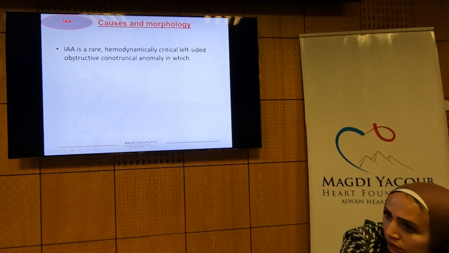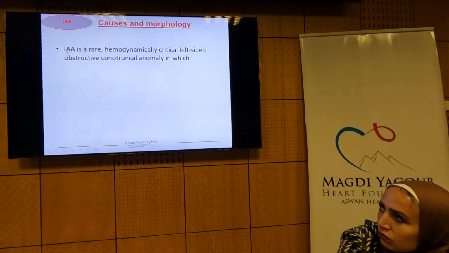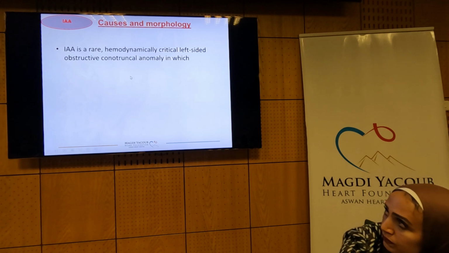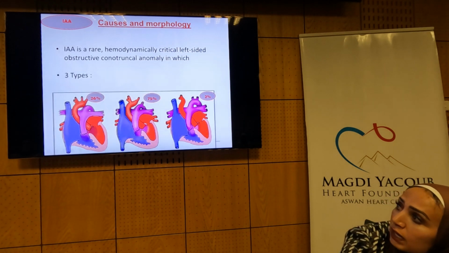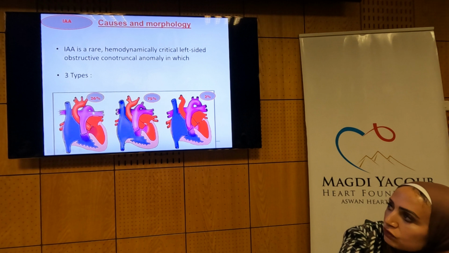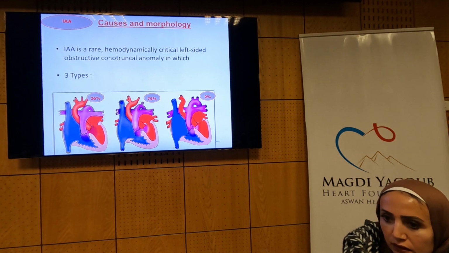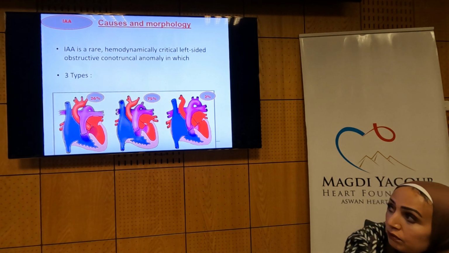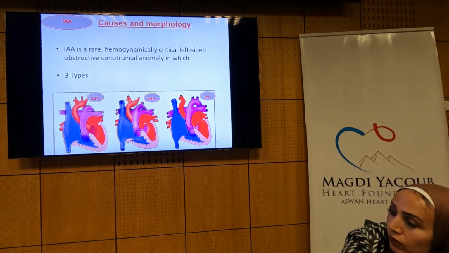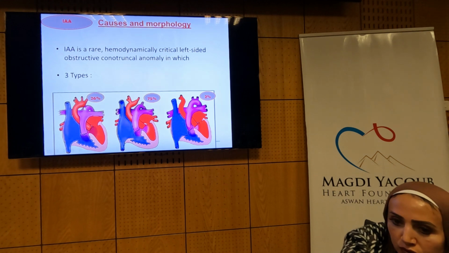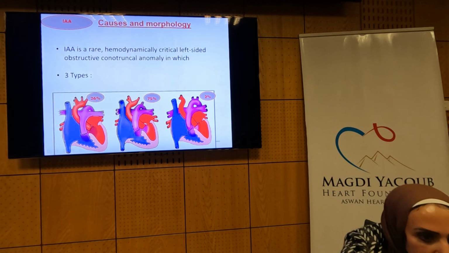Interrupted aortic arch is not a that common disease. However, it's a critical left-sided obstructive lesion, and we have 3 types, type 1, type 2, and type 3, depending on the site where the aortic arch is interrupted. In type 1, the interruption is after giving all the neck vessels.